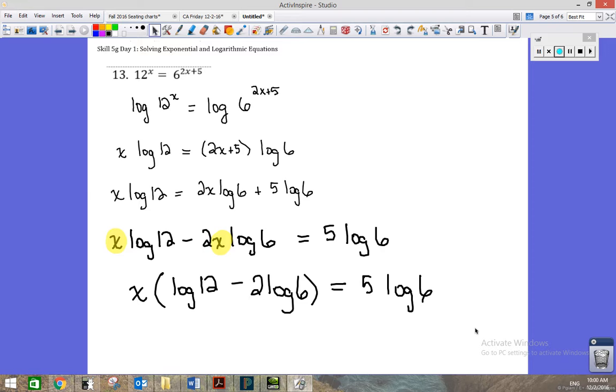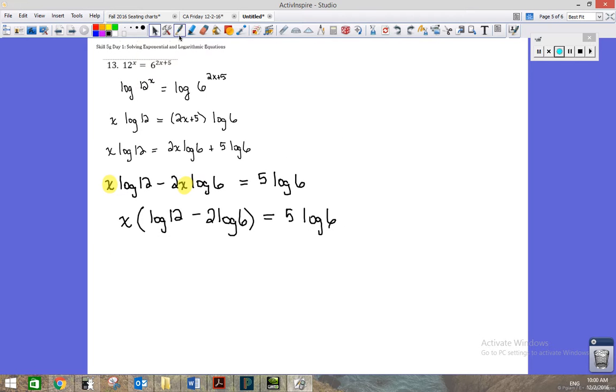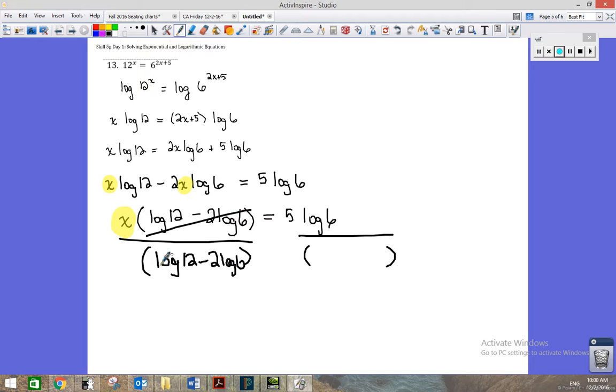Well, now on the left hand side I've almost got x by itself. That's what I really want, is to get this x by itself. Well, right now it's being multiplied by this number that's in parentheses, and so I'm going to divide both sides of this equality by that number that's in the parentheses here. Because this divided by this is just 1 and I have x.